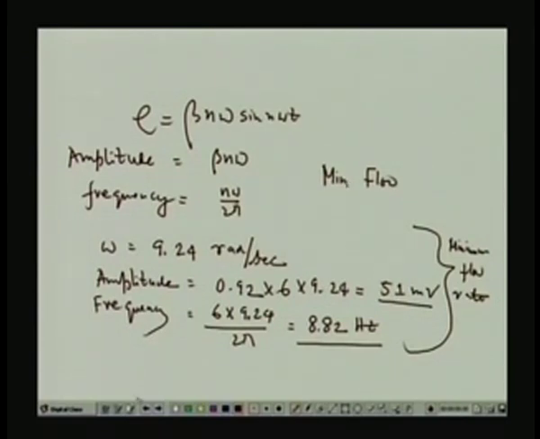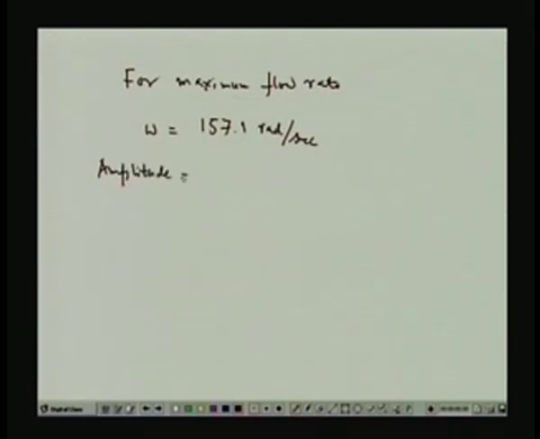Now, let us do it for the maximum flow. Let's take a white page. For maximum flow rate, if I plug in all these values, I will get omega equal to 57.1 radian per second, and the amplitude will come up as, if I calculate, 867.2 millivolt, and the frequency equal to 150 hertz.